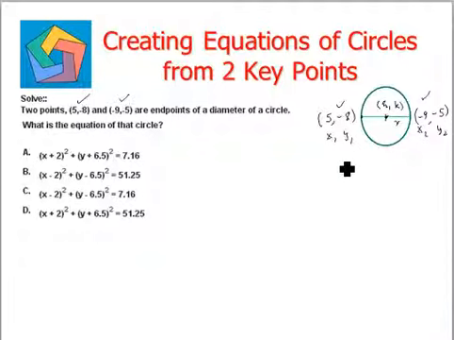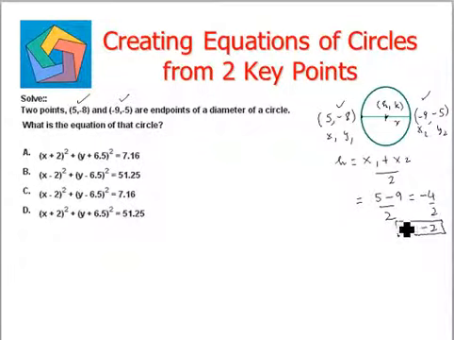So h is given by (x1 + x2)/2, which is (5 - 9)/2, which is -4 over 2, equals -2. So we have the h coordinate.